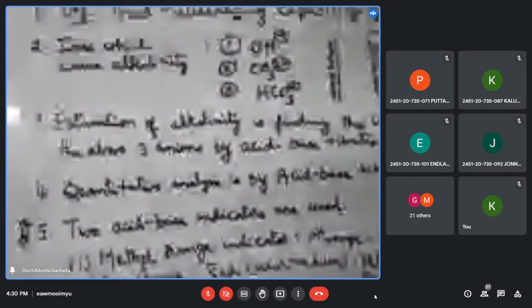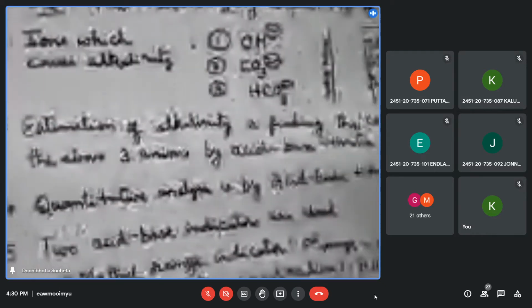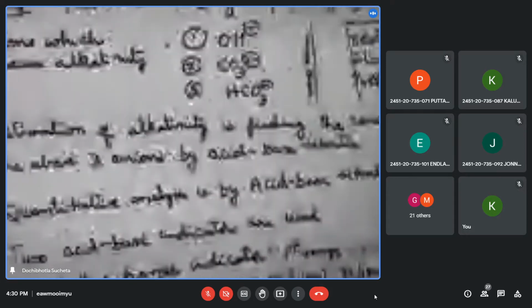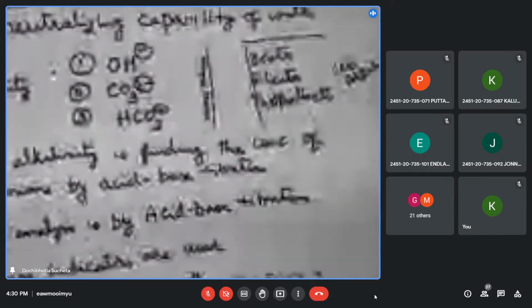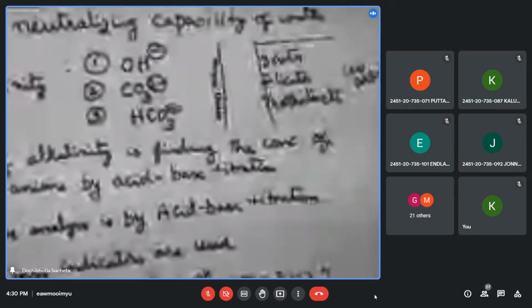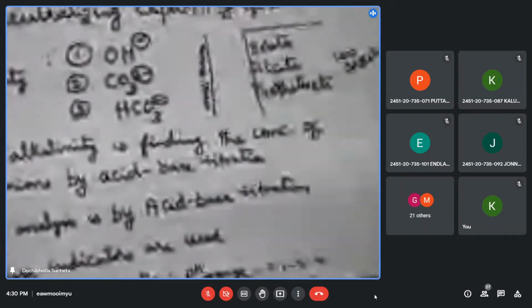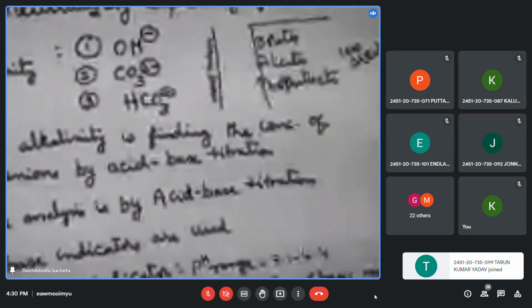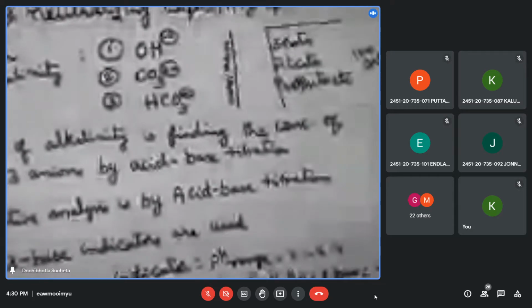These are generally present in maximum ratio. There are other ions like borates, silicates, phosphates that also contribute to alkalinity, but I will not discuss them much because they are present in very low concentration.